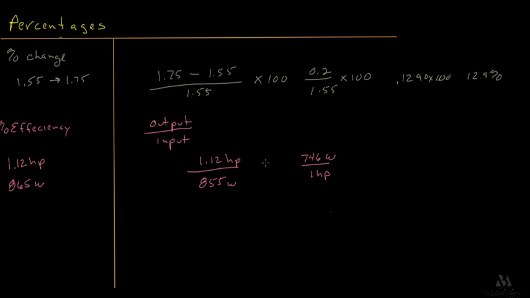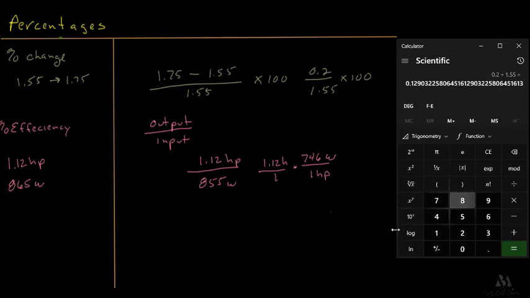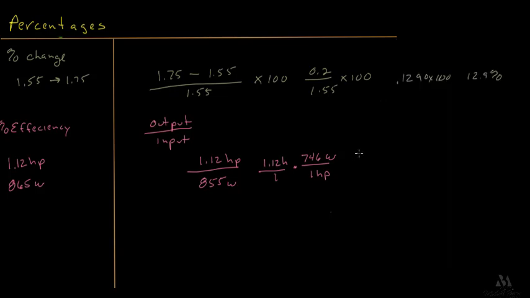And so we could calculate the 1.12 horsepower. Take it over 1, we multiply across, and we get 1.12 times 746. So that's 835.52 horsepower.